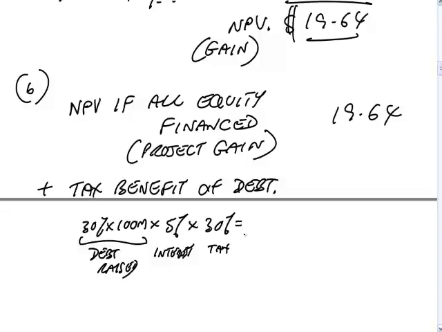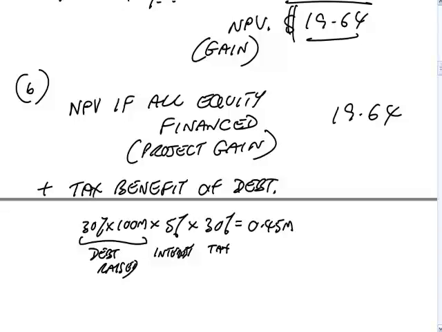And so I think that we're going to save each year 30% of 100 million, 5% interest, 30% tax saving. I get 0.45 million. You're all clear where that figure came from?